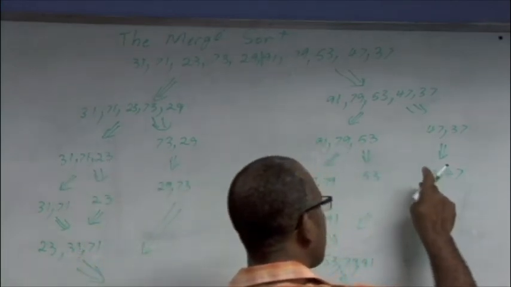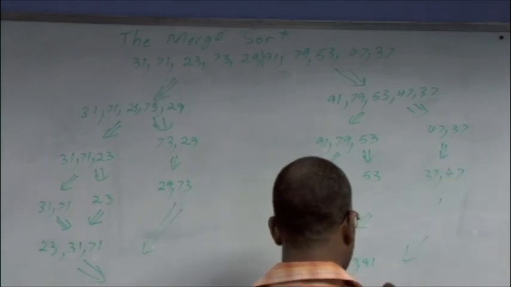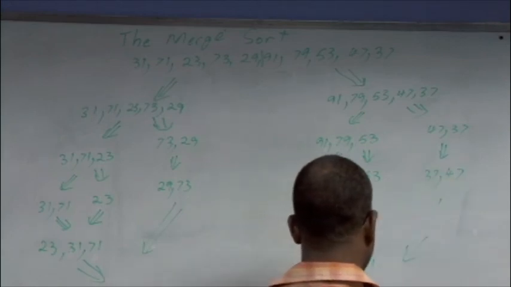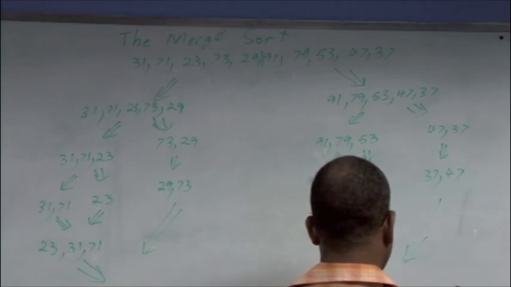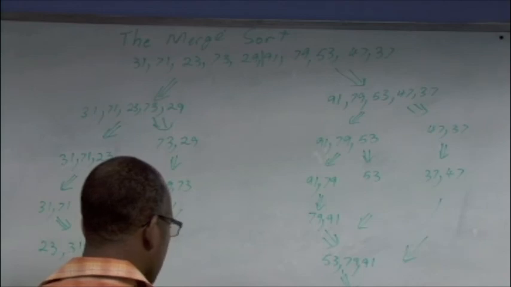So the smallest thing out there is a 37. Then comes the 47, then the 53, then 79, then 91. So then we need to merge these two.